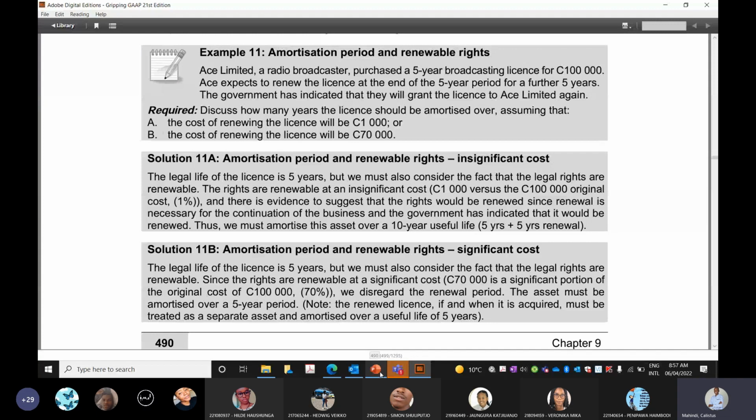Okay, but then when do you capitalize that additional 1,000? Is it at the end of 5 years or is it at the initial date when you get the broadcasting license? Since we are adding the two 5 years together, maybe at the beginning. Okay, but now my question would be with the journal entry, what has happened? Have you paid for that 1,000?